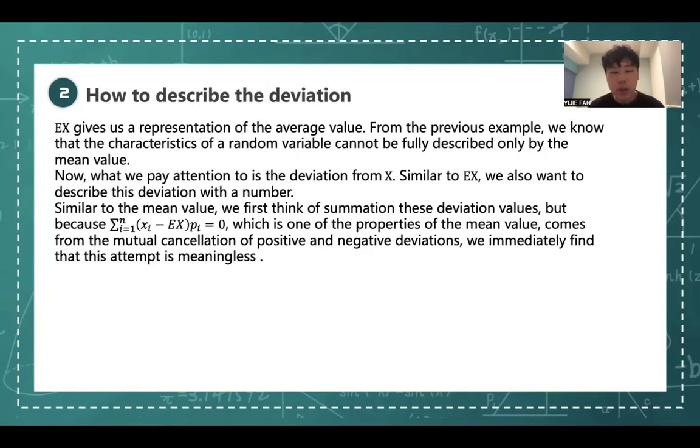But from the properties of mean value, we find sigma i from 1 to n of (xi minus EX) times pi is equal to 0. This property comes from the mutual cancellation of positive and negative deviations. So we immediately find that this attempt is meaningless.